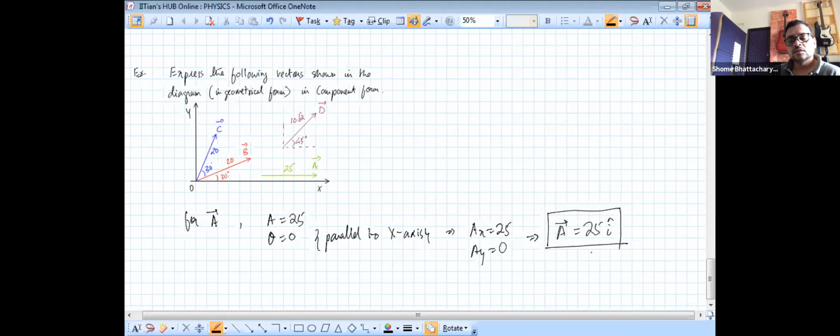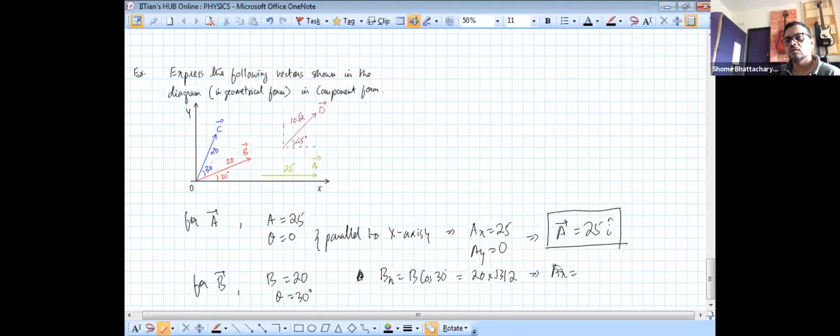Okay. Similarly, for the vector B, we can see that the magnitude is 20, but theta is equal to 50 degrees. So Bx will be B cos 50. That is 20 into root 3 by 2. So x component will be, yes, Adinath, that is correct.